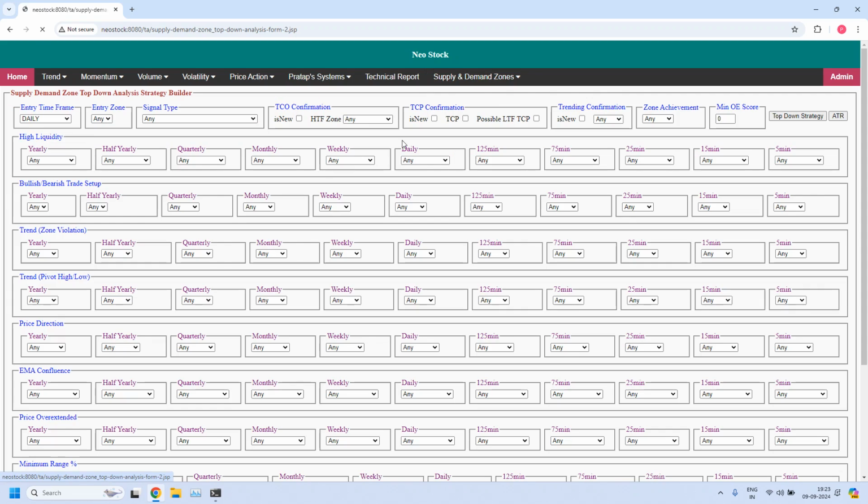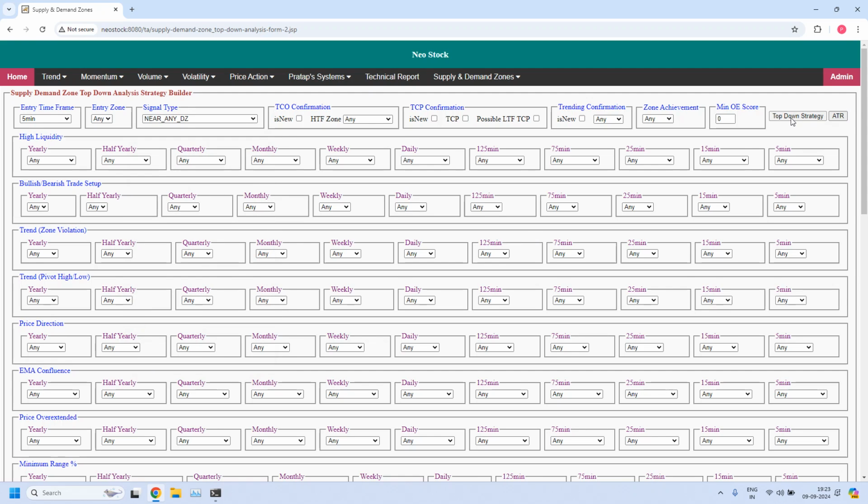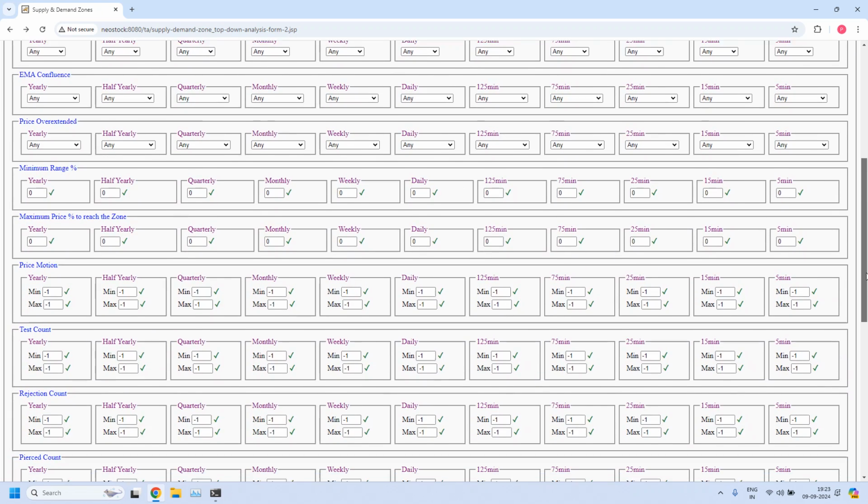Okay, the next time frame is 5 minutes. Let us find the stocks near the 5 minutes demand zone. 7 stocks are filtered. Let's verify whether any of these stocks have a 15 minutes demand zone confluence, ITF zone confluence.